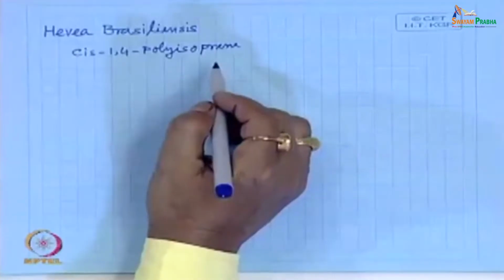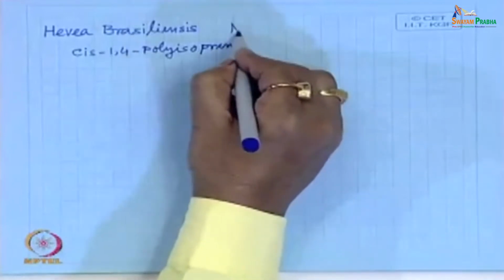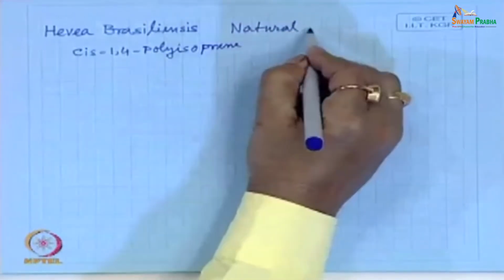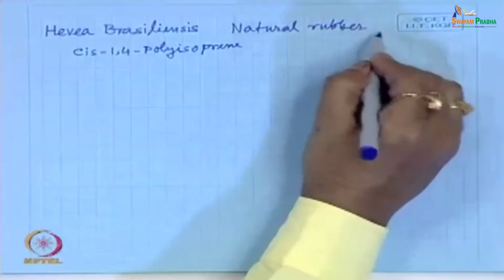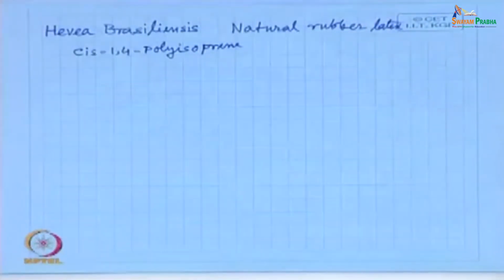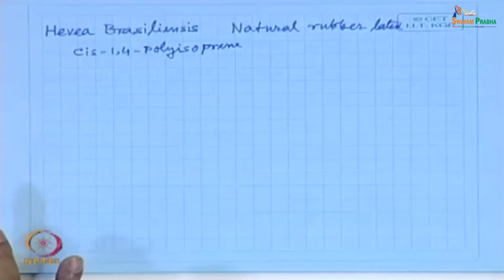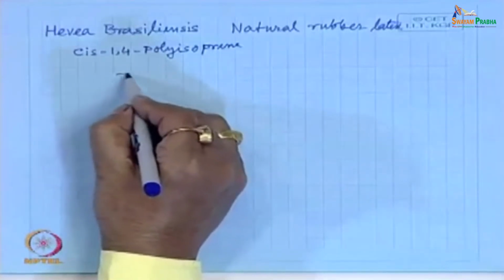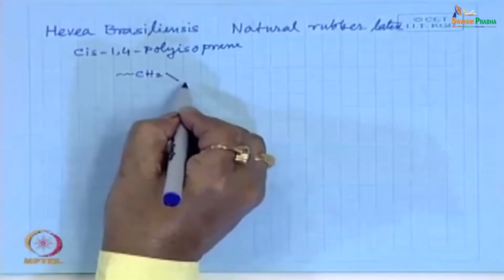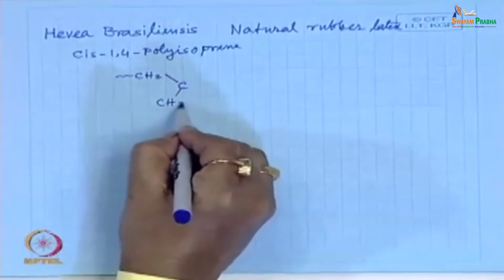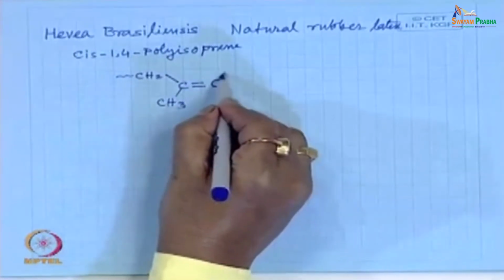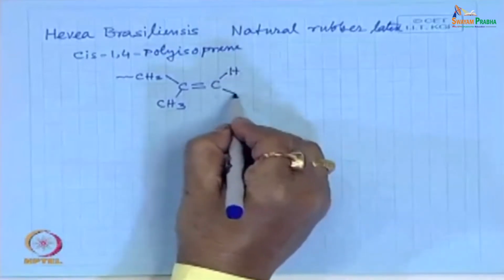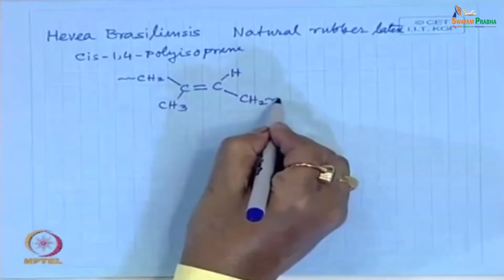The molecular weight of the polymer present in this natural rubber latex is very high, maybe 10 lakhs, 15 lakhs, like that, and its chemical formula is this.